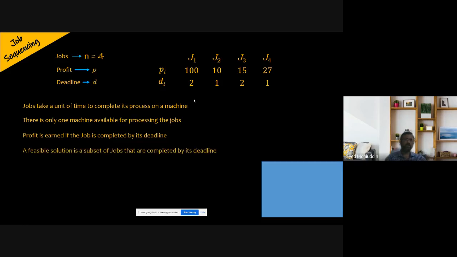Feasible solutions would be a subset of these jobs, with the constraint that those jobs are completed within their deadlines.